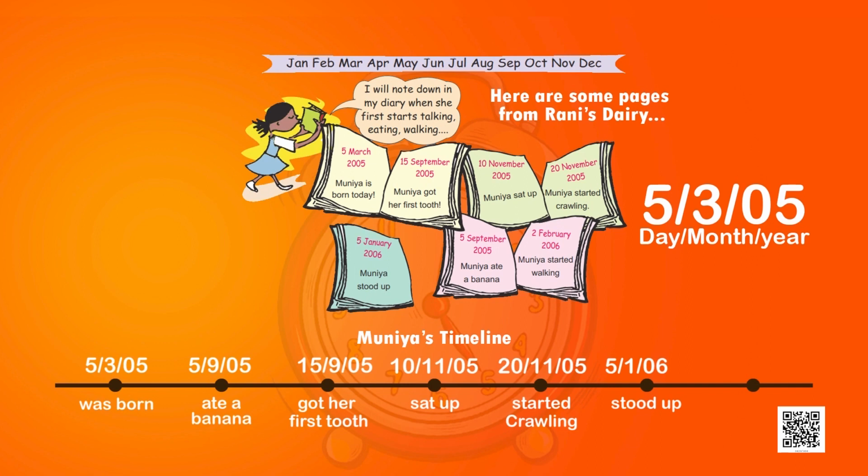January is the first month. So, the next entry is 5106. On this date, Muniya stood up. So, we can write stood up. On 2nd February 2006, she started walking.